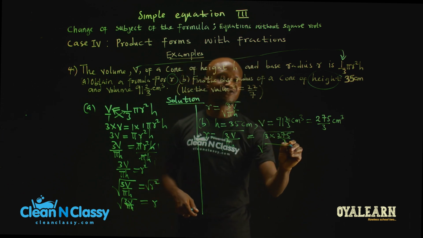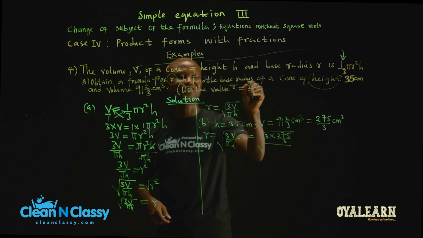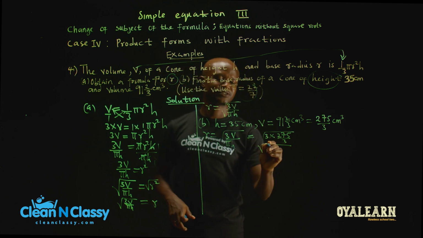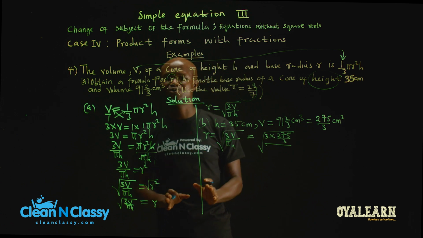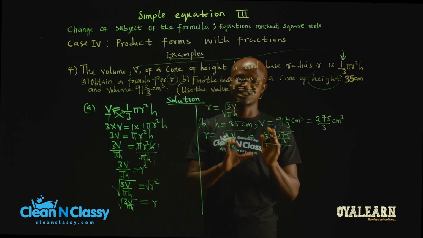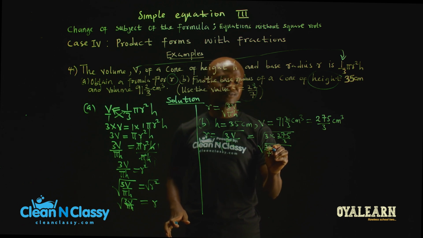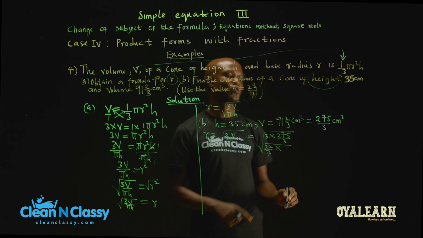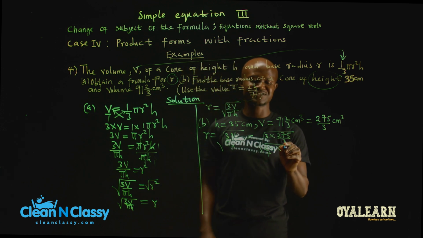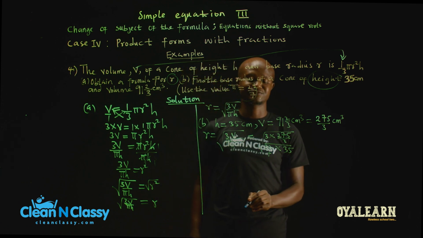And don't forget the value for pi. Pi is 22/7 from the question. It was given, so you must use the value given in the question. It's very important. So we have 22 divided by 7 times h. What is h? 35 centimeters. So we put in 35.